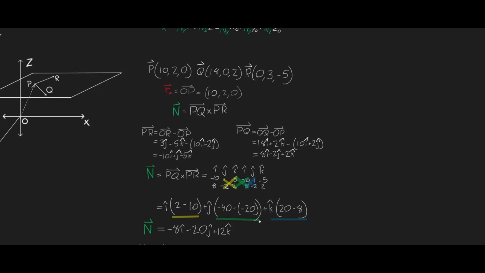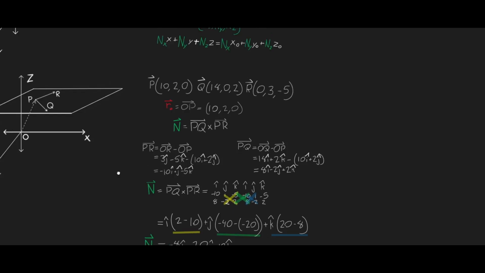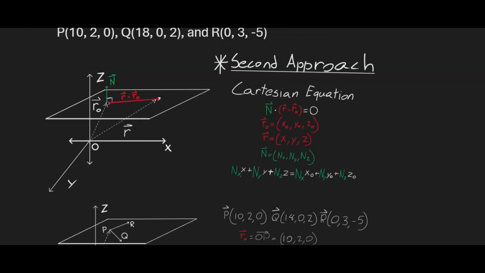And this gives us -20. And to find the k, finally what's in blue, it's -10 by -2 minus 8 by 1, or just 12. So now we have the normal vector. And this is a vector that is perpendicular to the plane. So it's sticking out of the plane at a 90-degree angle.